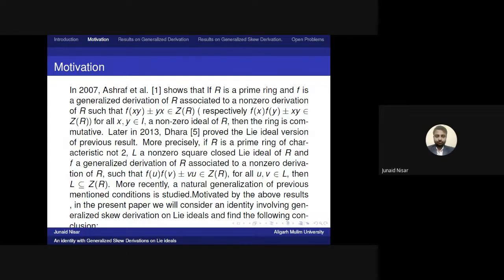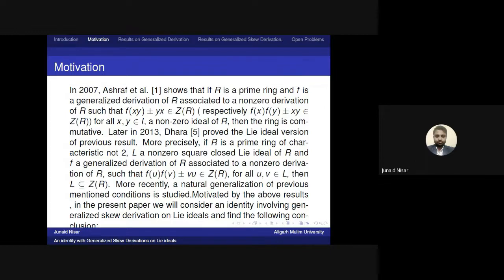More precisely, if R is a prime ring of characteristic not 2, L a non-square closed Lie ideal of R, and F a generalized derivation satisfying F(u)F(v) ± uv belongs to the center of R for all u, v belonging to L, then L is contained in the center of ring R.